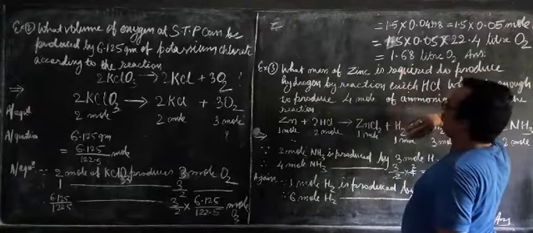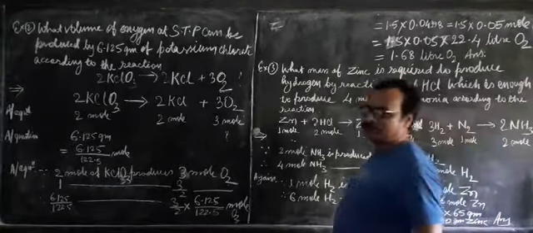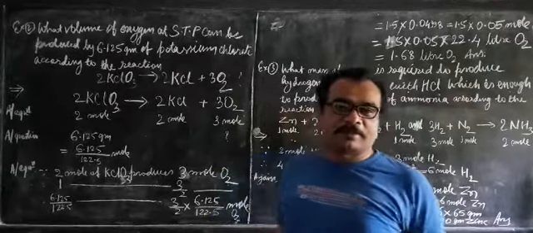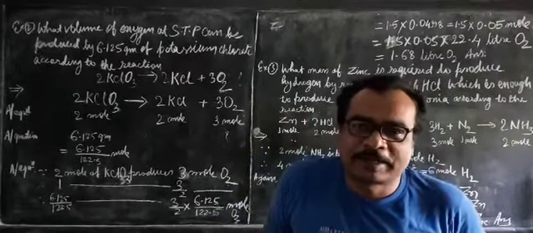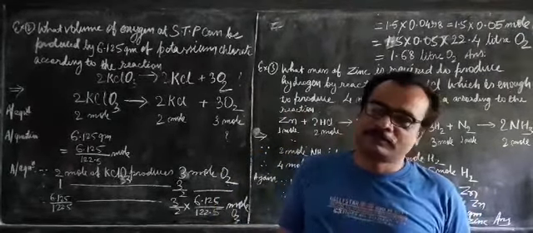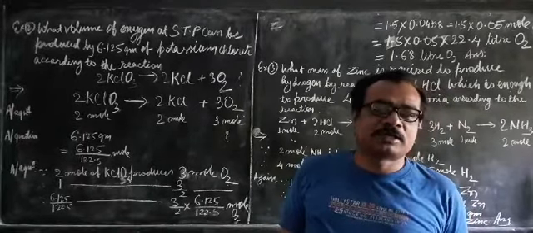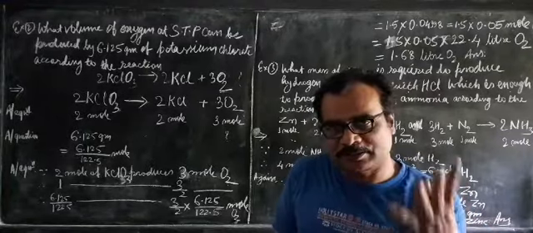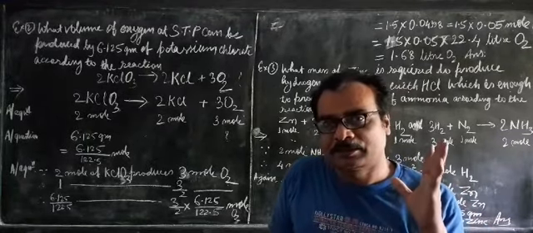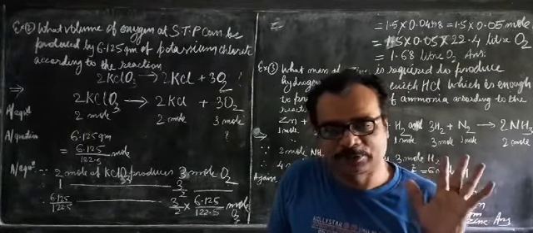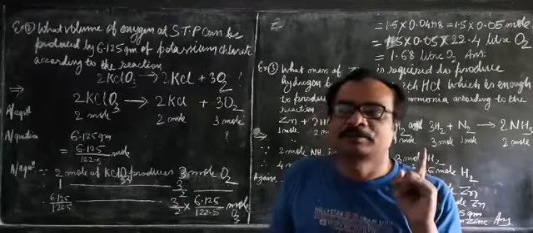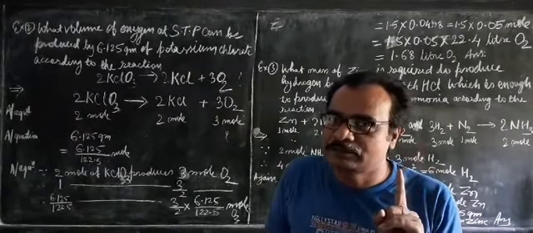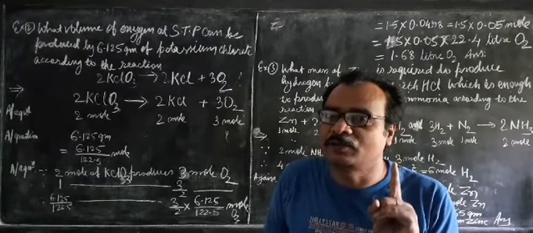Now we need the volume, and you know that at S.T.P., 1 mole of any gas occupies 22.4 liter of space. That means irrespective of the nature, the molecular formula, the color or anything whatsoever, at S.T.P. the volume of 1 mole of any gas is nothing but 22.4 liter.